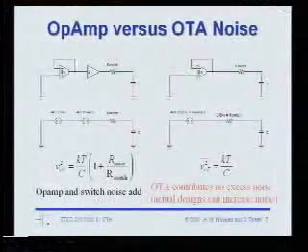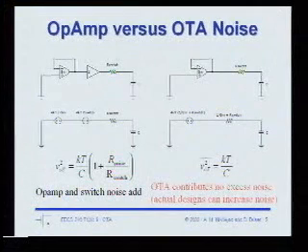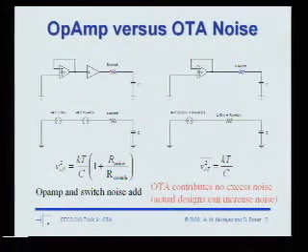All right, so what about noise? A very interesting question is, what's the noise penalty of using an OTA versus using an op-amp? Let me switch the slide. We'd like to know, at the end of the day, we're going to end up sampling our signal.